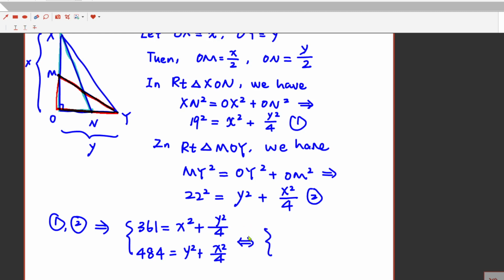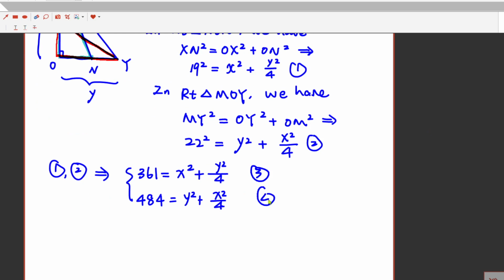First of all, we can times the 4 to both sides to eliminate the fractions. Let's just add them together, okay? So if you add number 3 and number 4, the left side is 845, right? Equal to the right side, which is 5x squared over 4 plus 5y squared over 4, right?